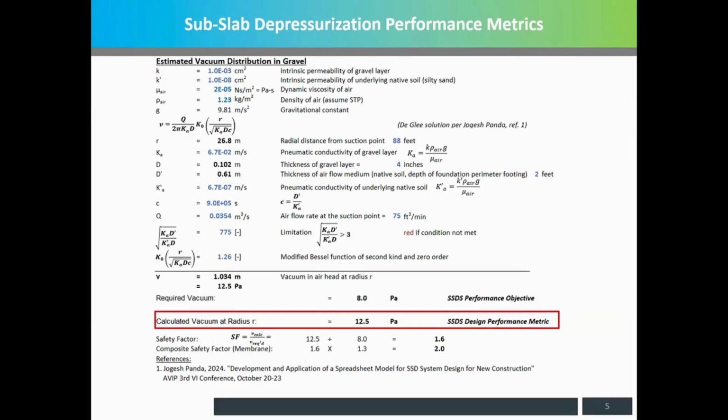Also, at the 2024 AVIP conference, Yogi Panda introduced a great spreadsheet model for predicting subslab vacuums. This is one way to determine if you're likely to achieve your performance metric throughout a new building subslab airspace. Or you could instead do a pressure field extension test for an existing building. And David Hanley will speak about those today.